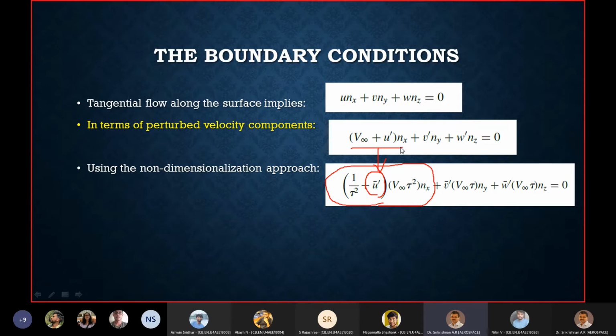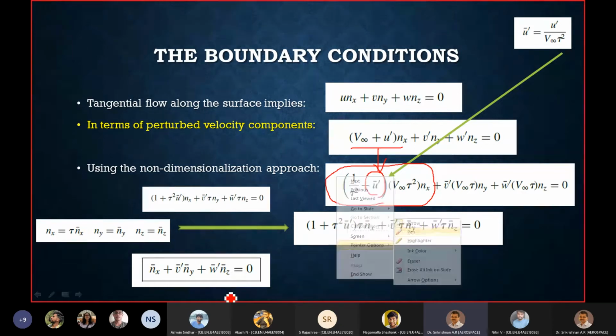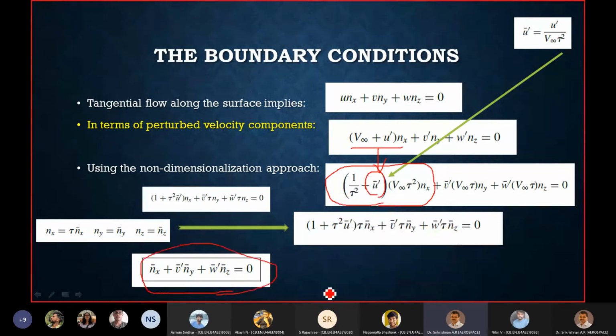Similarly for w also. So with all these adaptations, or non-dimensionalization, we can rewrite the boundary conditions for velocity as given in the last box: u bar nx bar plus v dash bar ny plus w dash bar nz equal to 0.